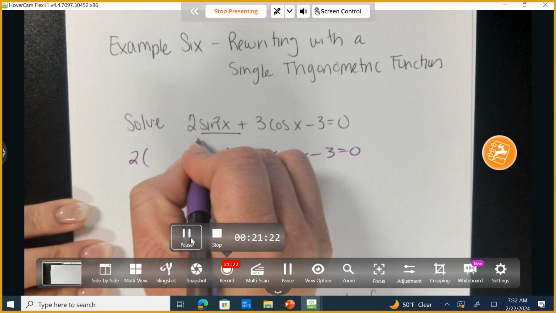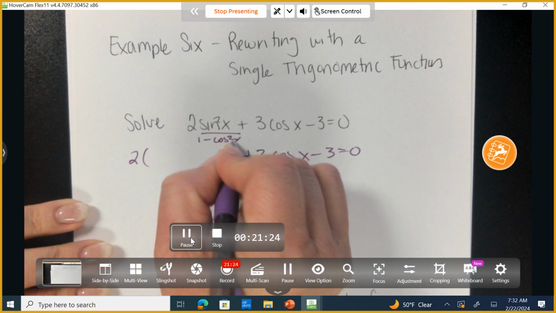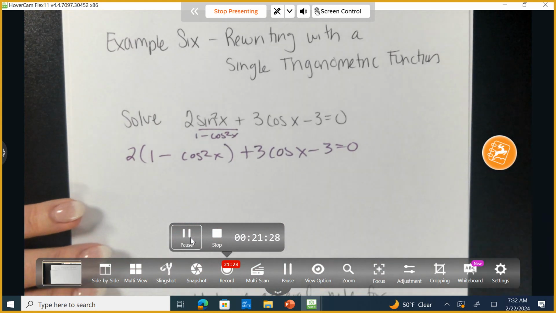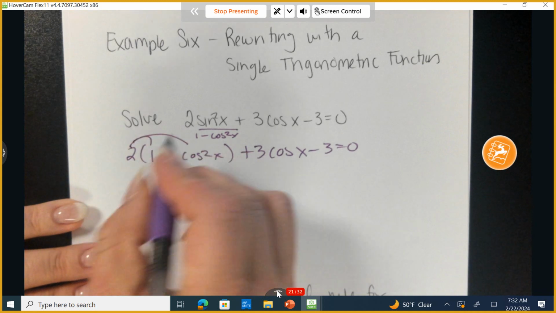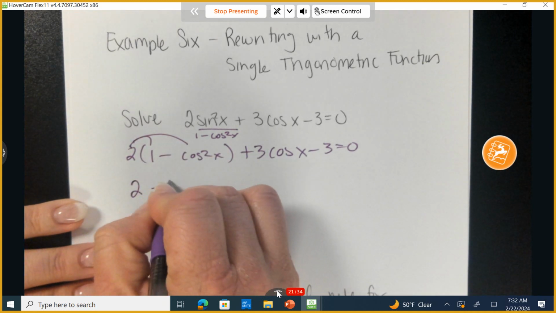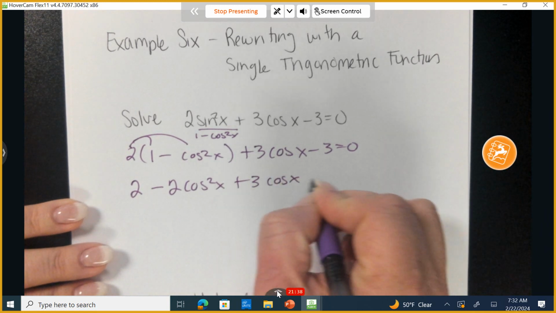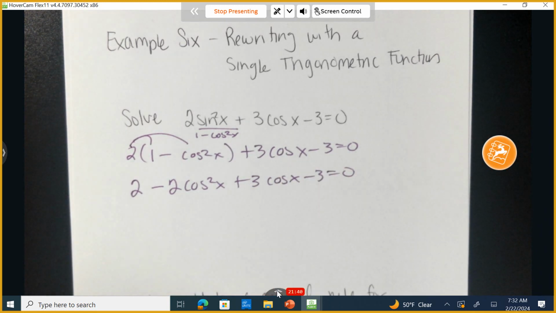Sine squared is equivalent to 1 subtract cosine squared, so 1 subtract cosine squared x. Okay, distribute, I get 2 minus 2 cosine squared x plus 3 cosine x minus 3 equals 0.